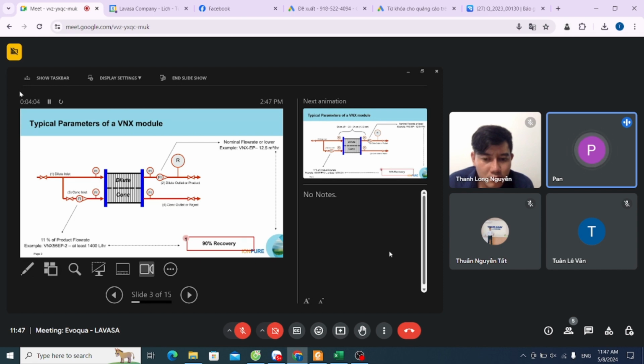If the user is not sure, they close until the flow rate is very, very low. What's going to happen is scaling.